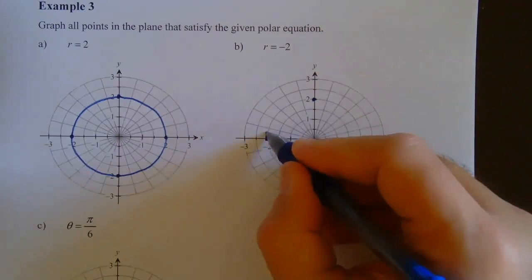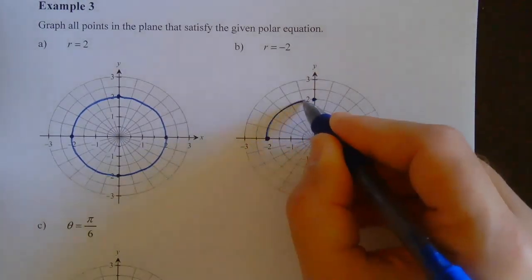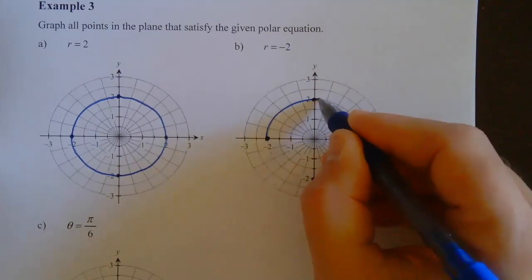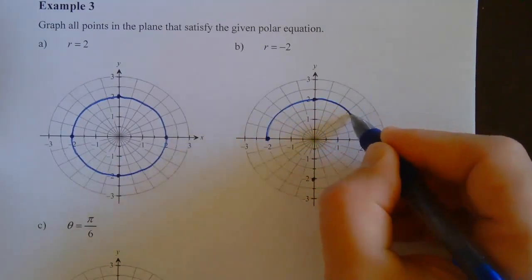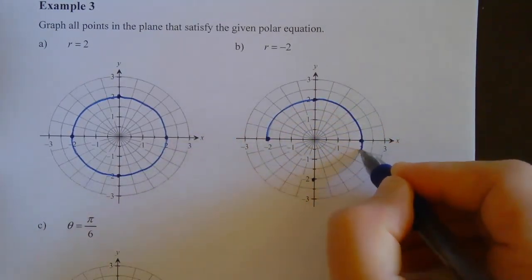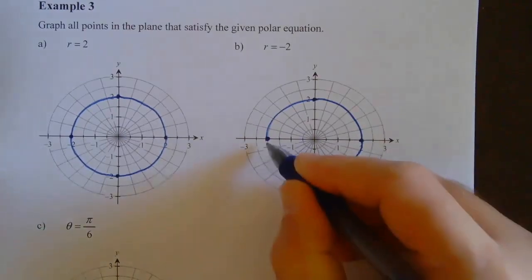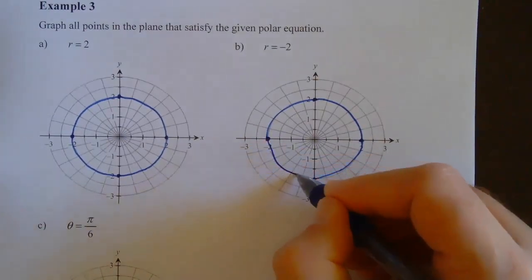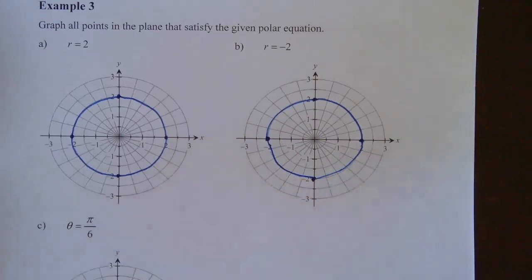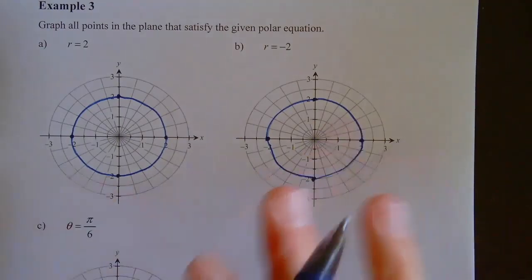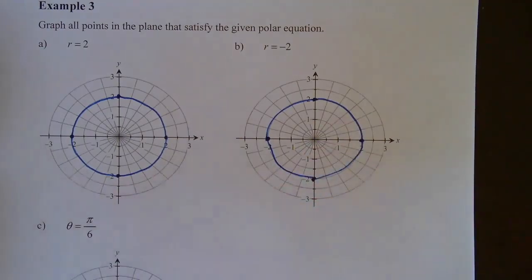Because it doesn't matter what the angle is. The radius is always -2, which just means whatever angle you put in, you're going to go in the opposite direction, right? Doesn't matter what the angle is. You're going to go in the opposite direction of whatever angle you put in, okay? So that's not a very good circle, but you get the idea, okay? So both of these describe the same equation, right?